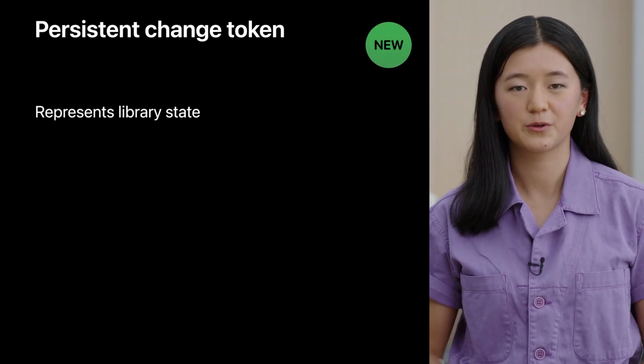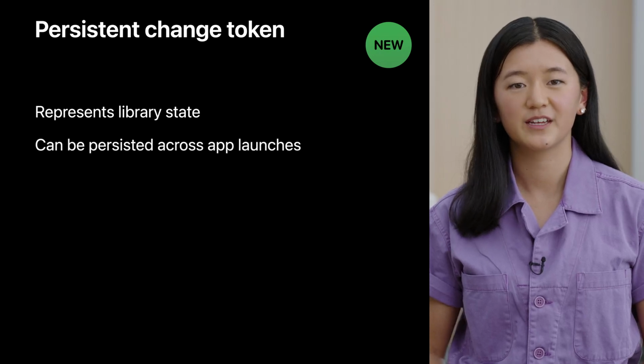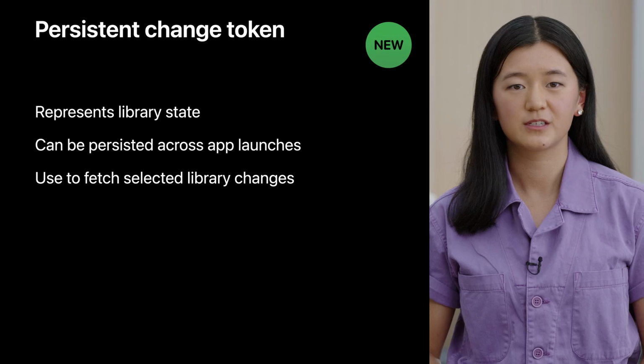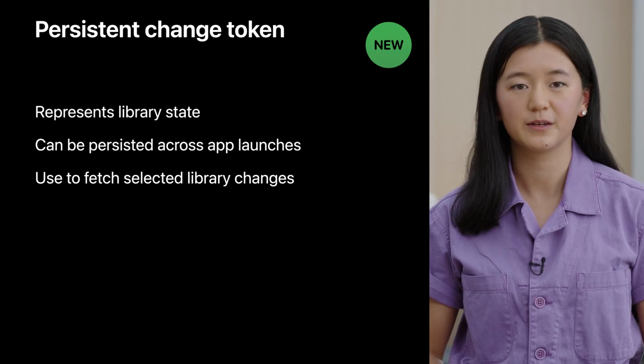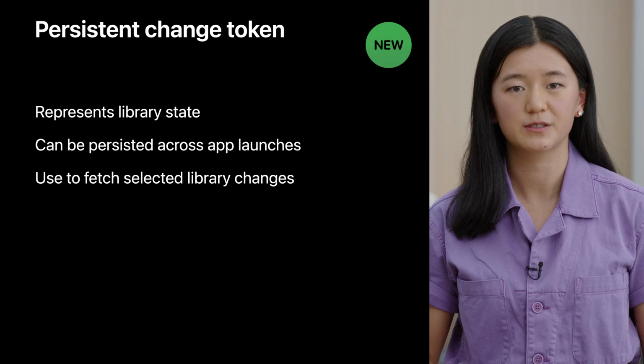You can now use a persistent change token that represents the state of the photo library at a given point in time. This token can be persisted across app launches, and it can be used to fetch changes to the photo library that have occurred since that token, including third-party app changes.